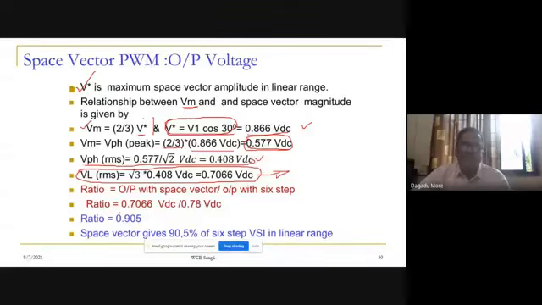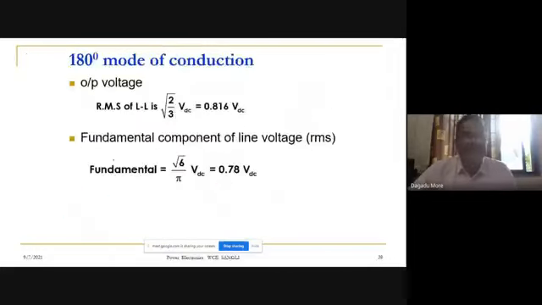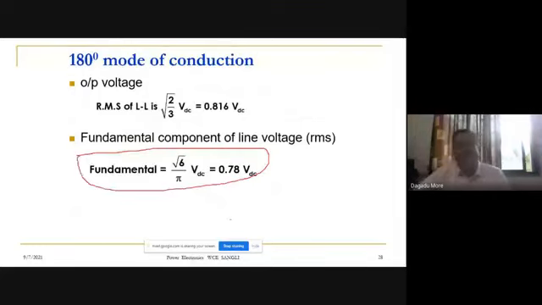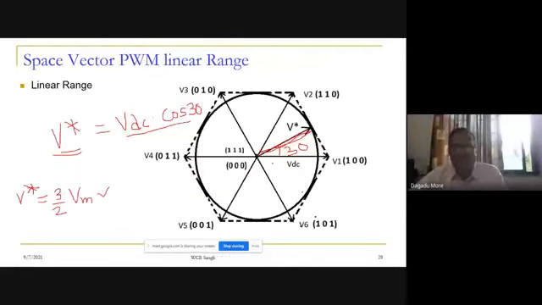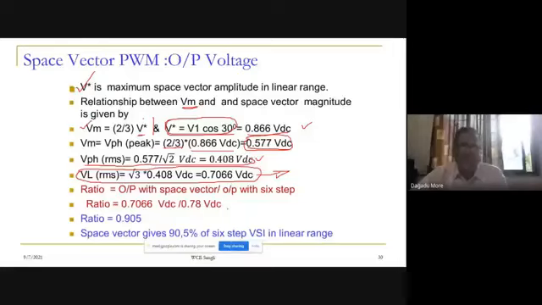And now we take the ratio. So how much voltage is possible with 6 step? In case of 6 step, the RMS value of the fundamental component of line voltage is 0.78 VDC that we can obtain in a 6 step inverter. Whereas in case of space vector PWM, we obtain 0.7066 VDC.